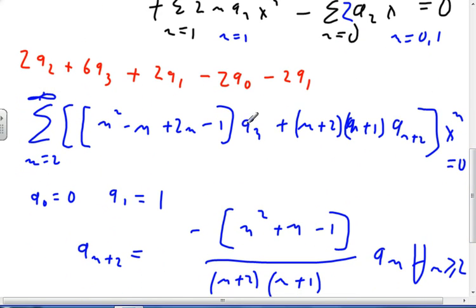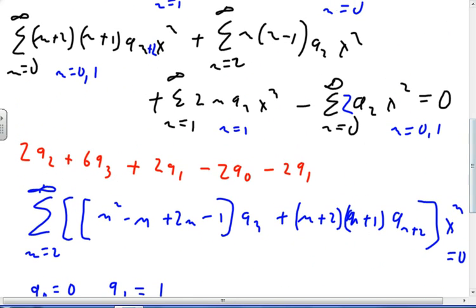That's better. Now, a0 is 0, a1 is 1. The x term has to, oh, I left out the x's. Darn. So, this is an x term, that's an x term, that's an x term.